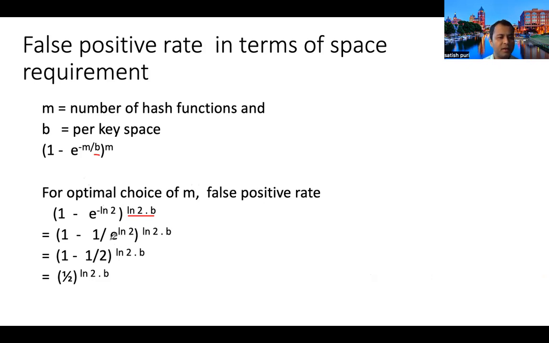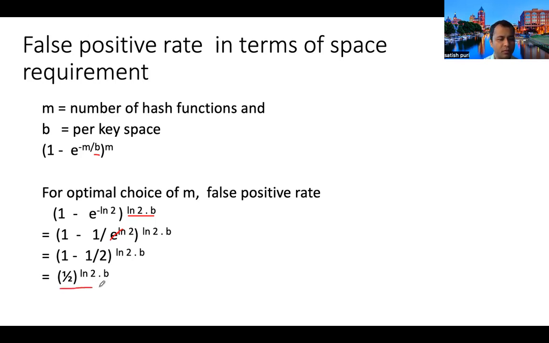Here e and natural log cancel. Using this rule, you can simplify this, because e is also related to natural log. So you have 1 divided by 2, right? And this is to the power ln 2 times b, and 1 minus half is half.